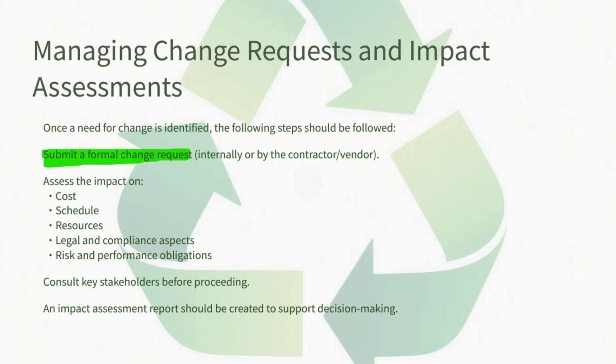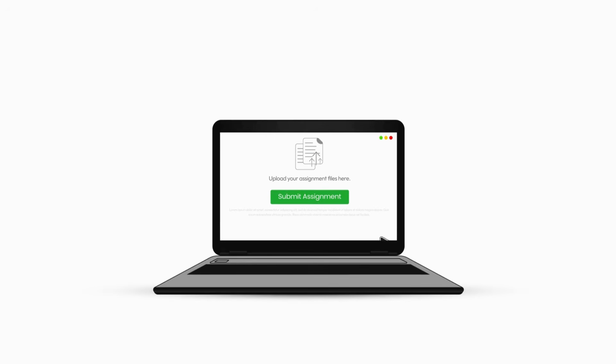The first step in this process is to submit a formal change request. A change request is a written document that clearly describes the modification being proposed. It explains what needs to be changed, why the change is necessary, and who is requesting it.